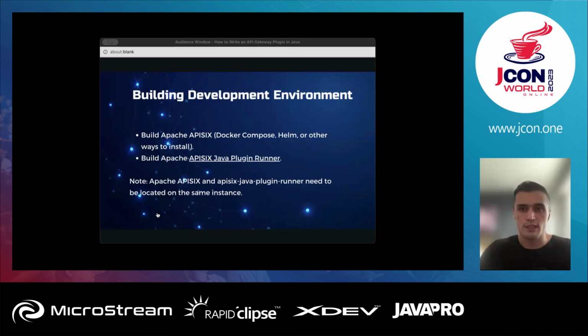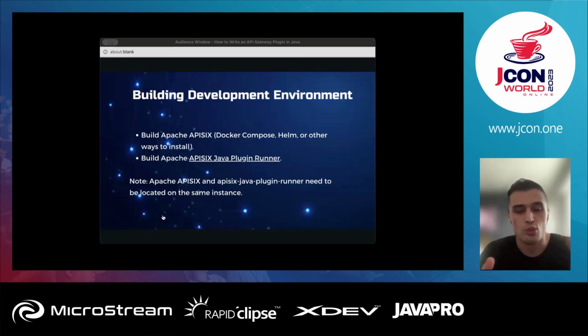But you can run them simultaneously to build a new plugin in Java. But make sure that if you're using Docker, you deploy two instances, two containers, into one network so that they are able to communicate with each other.